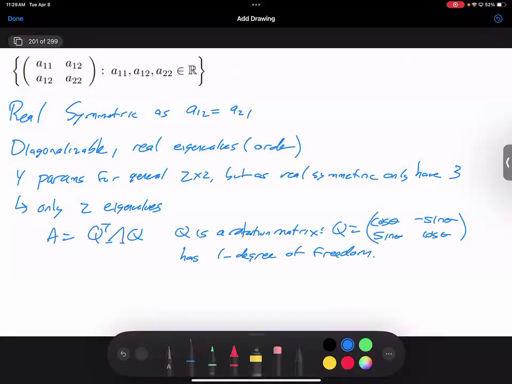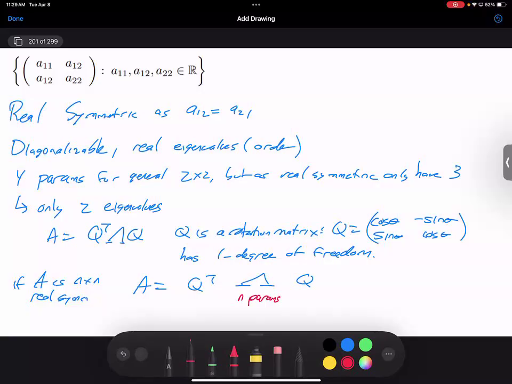And that adds up to 3. So in general, if A is n by n real symmetric, we want A to be Q transpose lambda Q. How many parameters do we get from lambda? N. So we get n parameters.